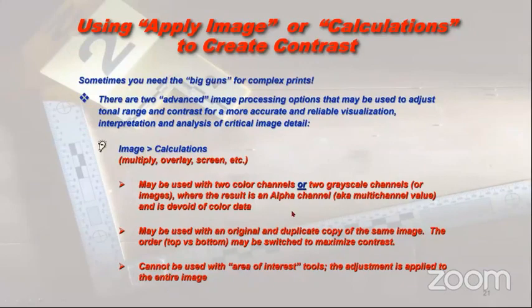Calculations can only be used within two color channels. Also, one other thing that calculations does is it actually changes the contrast or the color mode of the image from a color image to a grayscale multi-channel value.